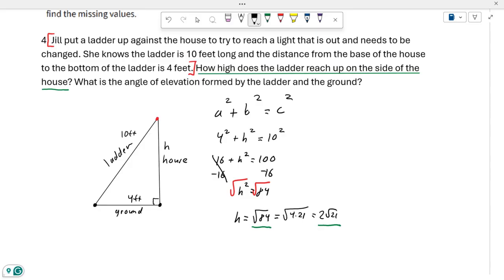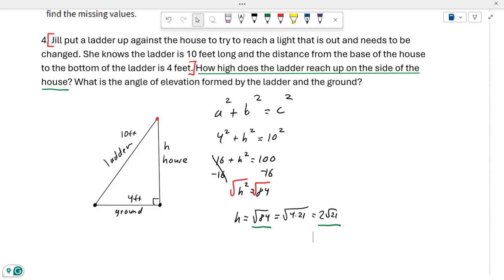The other thing to note here, however, is that, again, this is a real-world scenario. Whether you say the square root of 84 or 2 root 21, if you get a tape measure and actually measure the height, you're going to get a decimal. You're not going to leave it as an exact answer here.